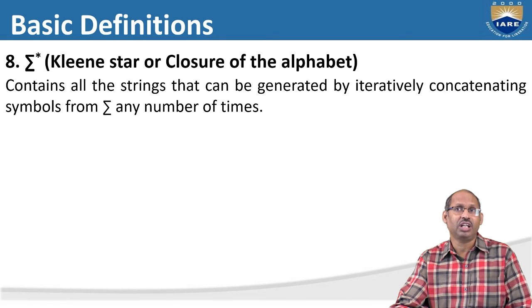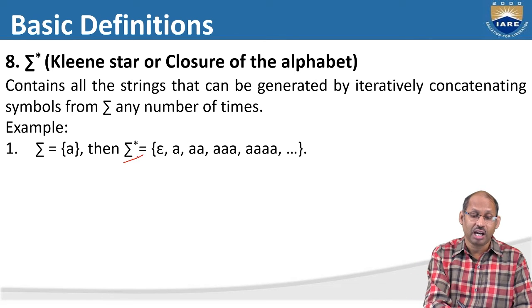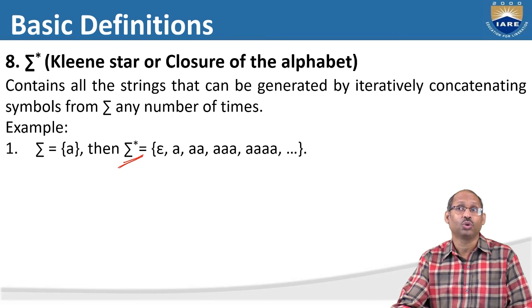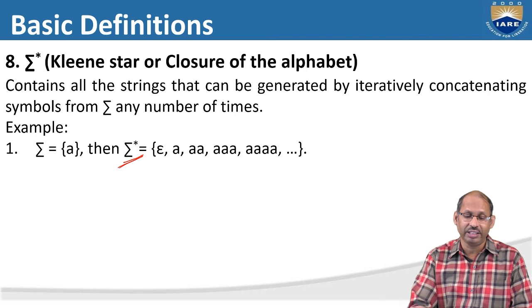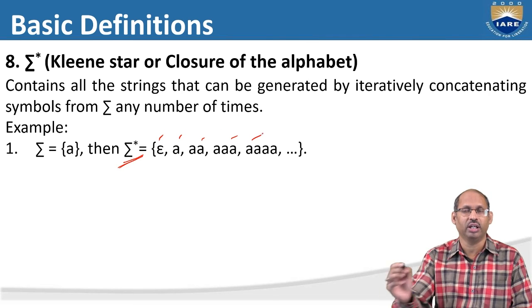Kleene star, or closure of the alphabet. Just now we discussed star closure. It is the set of all the strings of length 0, 1, 2 and so on.